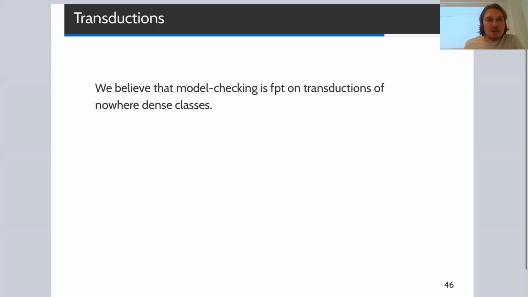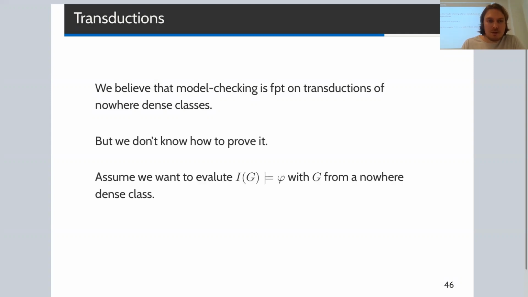And the big question is now whether model checking is FPT on transductions of nowhere dense graph classes. So we believe that this is the case, but we don't have any proof of this yet. So a good way to start would be, because it is a transduction of a nowhere dense graph class, then this is the same as evaluating the interpretation of G', where G' is the coloring from a nowhere dense graph class.